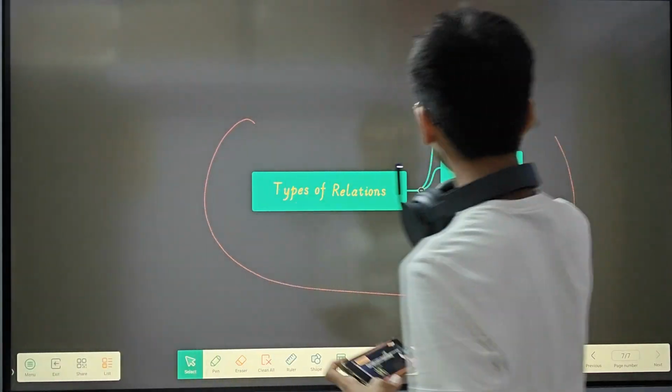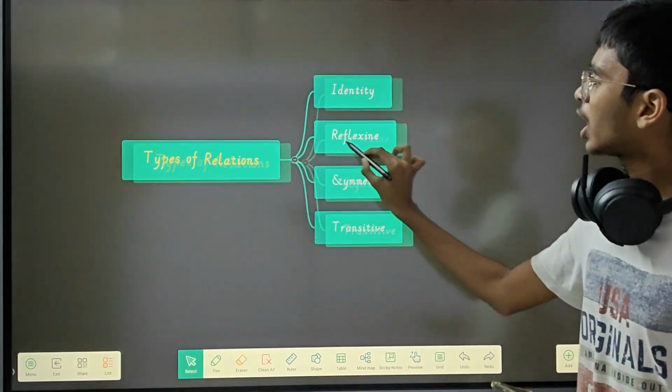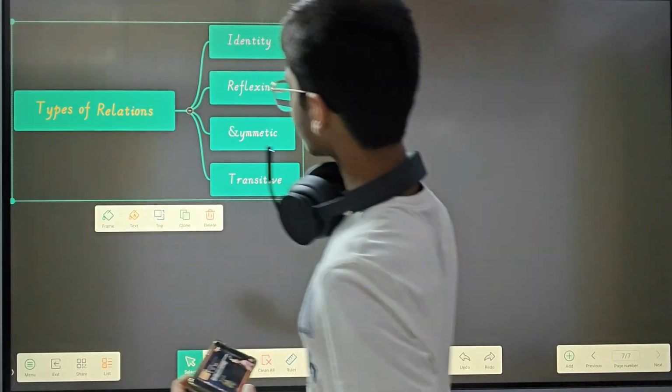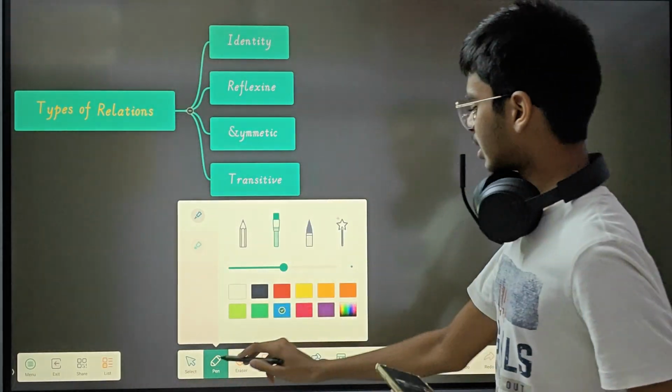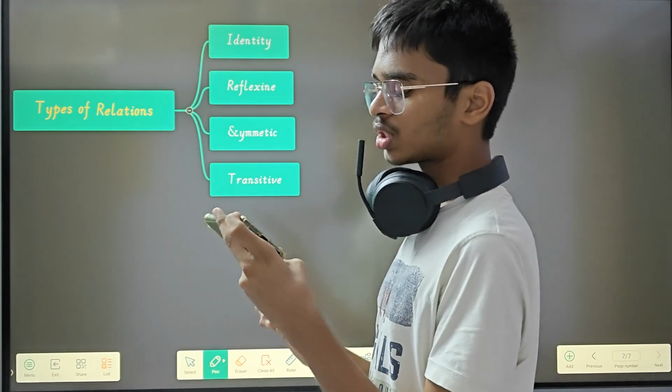Okay, see, types of relations, we are going to study about these 4 types of relations mainly. So first is going to be the identity relation. So what is this identity relation?